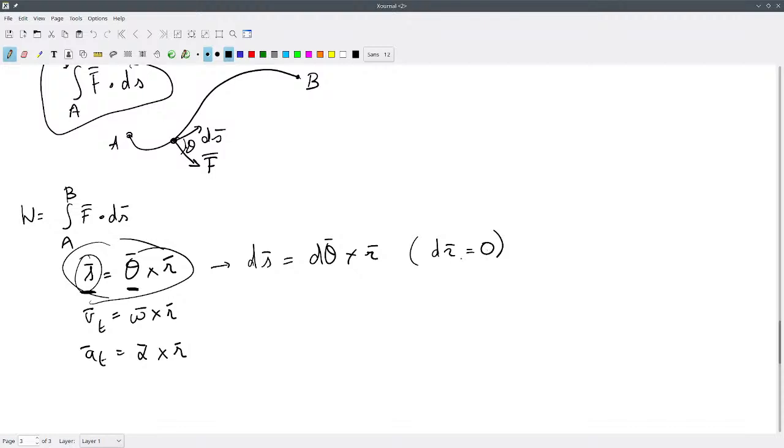Okay, let me not write dr is equal to 0. Let me write that dr is parallel to r. So if I properly apply the chain rule, then the terms with dr would drop out. But in any case, I can write ds as d theta cross r. So this is now an integral from A to B of F dot d theta cross r.